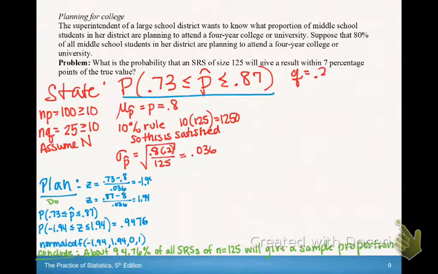within seven percentage points of the true population.